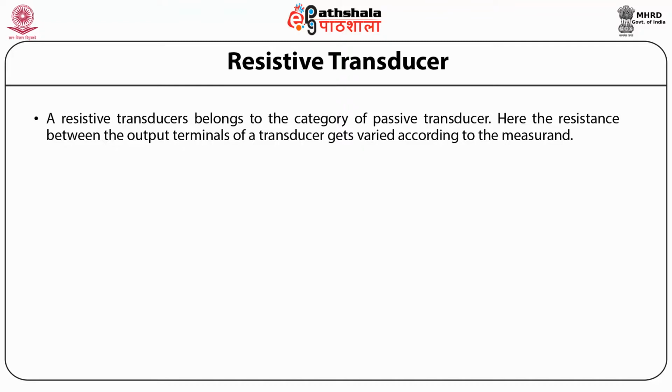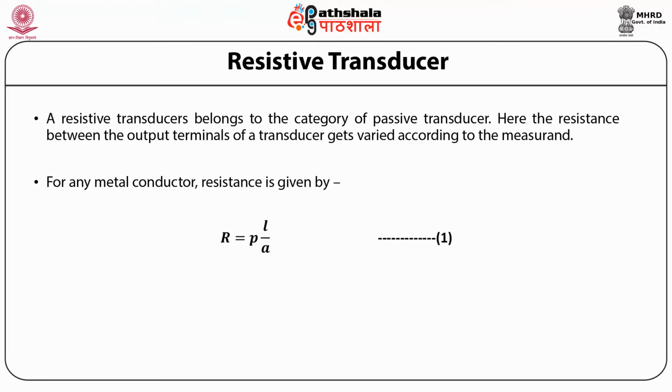A resistive transducer is preferred over other transducers because it can be used in both AC and DC circuits for resistance measurement. For any metal conductor, the resistance here is given by R = ρL/A.